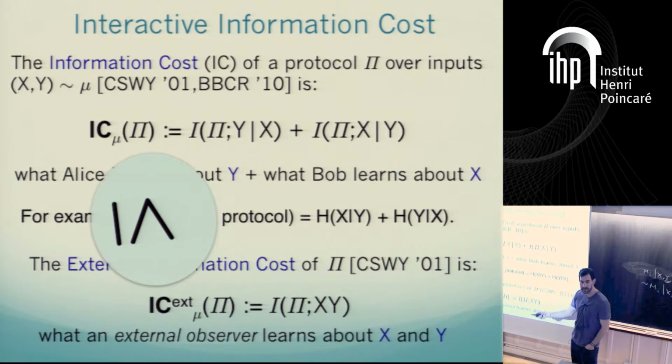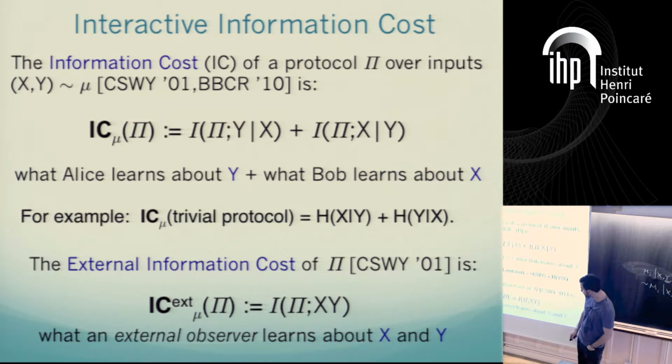The intuitive reason is that an external observer is always more ignorant to begin with. Information cost is always measured with respect to the prior distribution, and the entropy of the distribution mu for an external observer is always larger than that of either Alice or Bob, because they have some side information about it. I will not prove this formally, but this is the case.